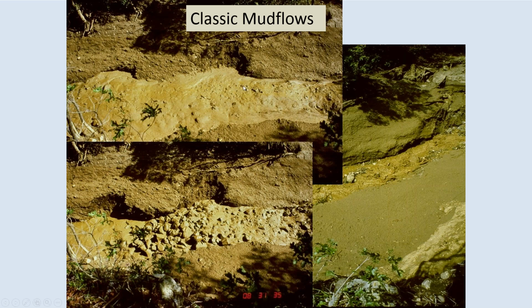Most classic mud flows will evolve a more U-shaped channel, and the core of the flow will be only in the interior of the channel, and you'll have these shear zones evolving here that are very distinctive.